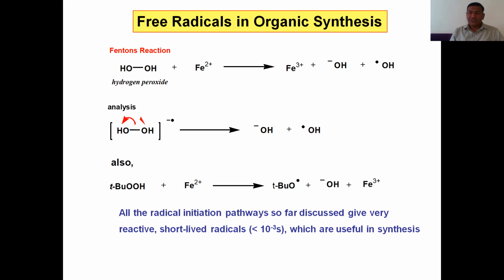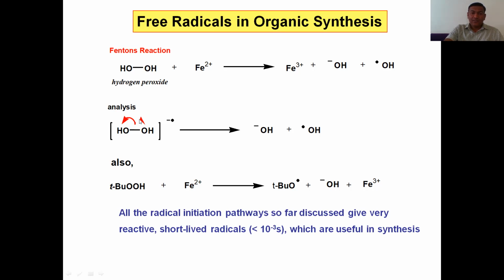When hydrogen peroxide reacts with iron in the oxidation state of 2, obviously the 2 will get converted into 3 because it donates one electron to the hydrogen peroxide, and there will be formation of OH radical.